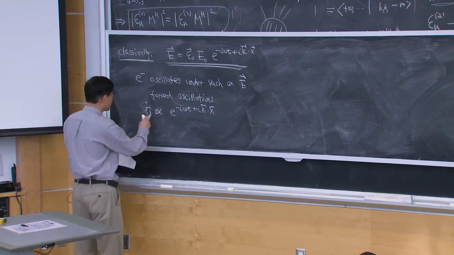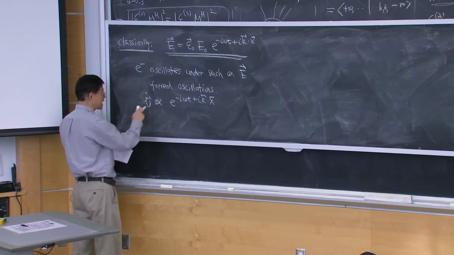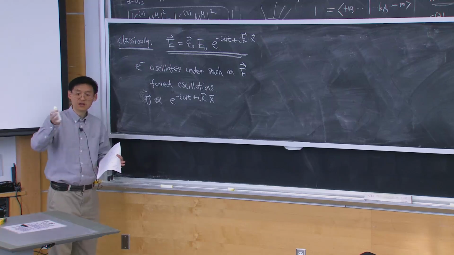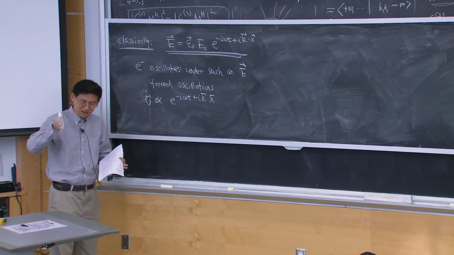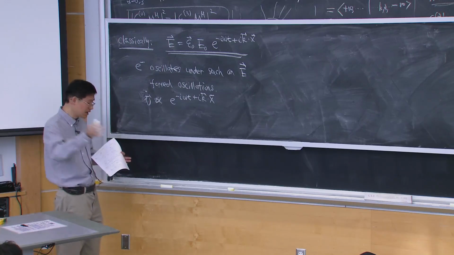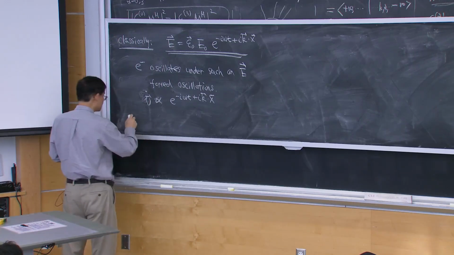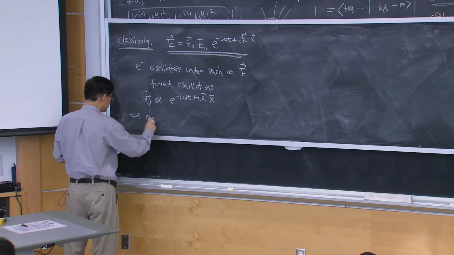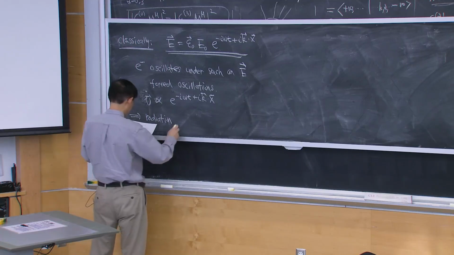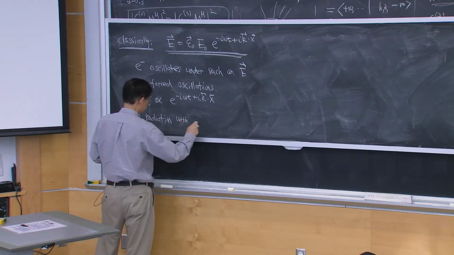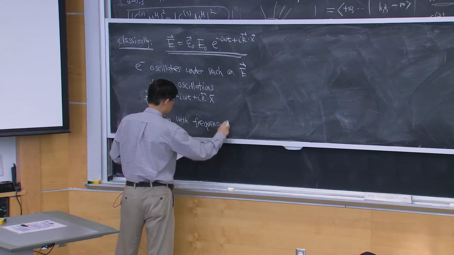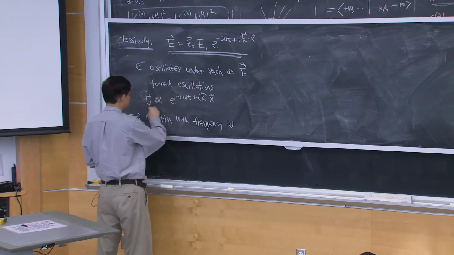And from classical electrodynamics, because this is accelerated motion, an accelerated charge, an accelerated oscillator in classical electrodynamics will emit waves, electromagnetic waves. So this will radiate, with frequency omega, essentially controlled by this acceleration.